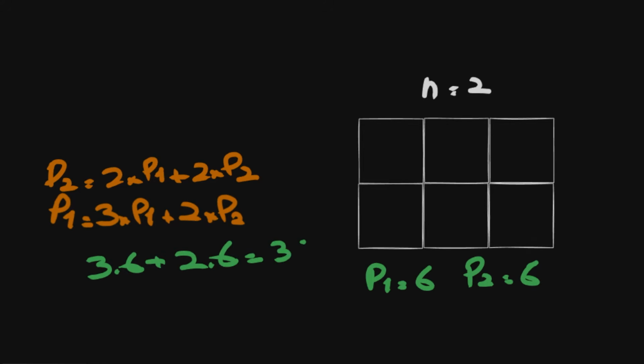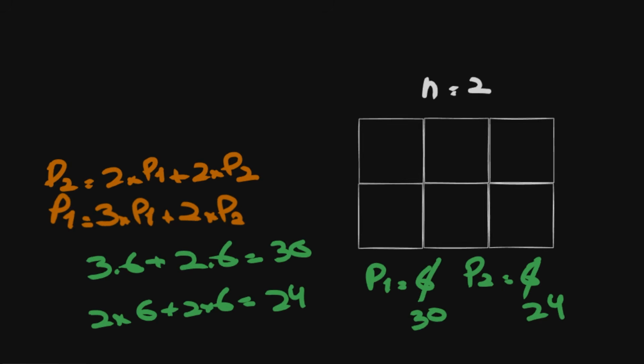And this is 30. Now if we start with pattern number 2, in this row now we have what we have here. 2 times 6 plus 2 times 6. And this is 24. So the new P1 is what we have here, 30. And the new P2 is what we have here, 24.